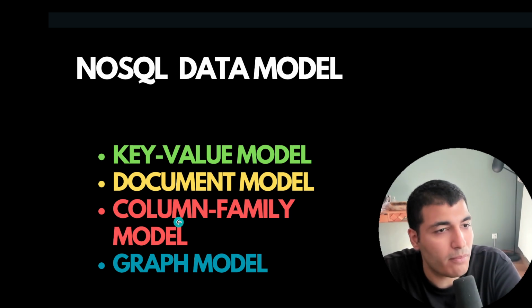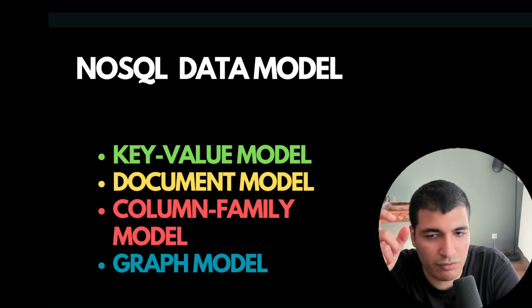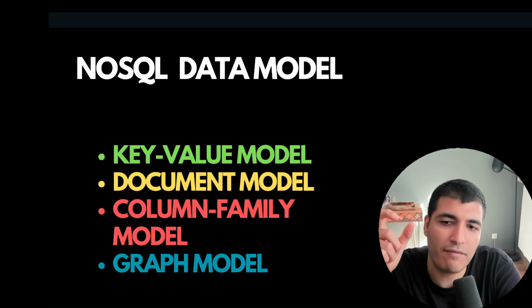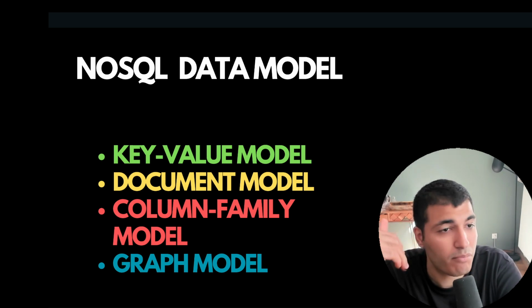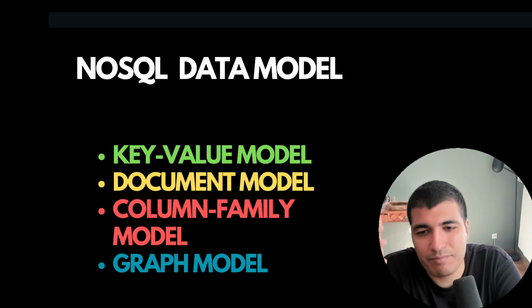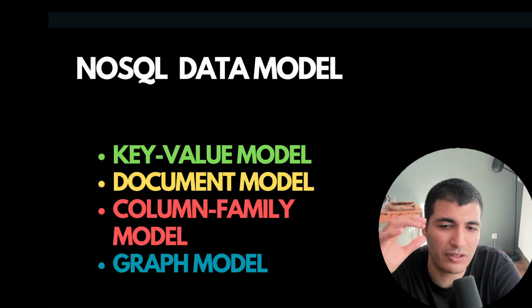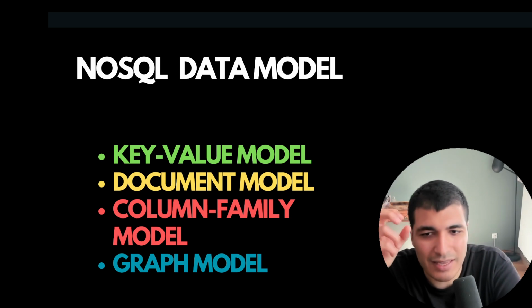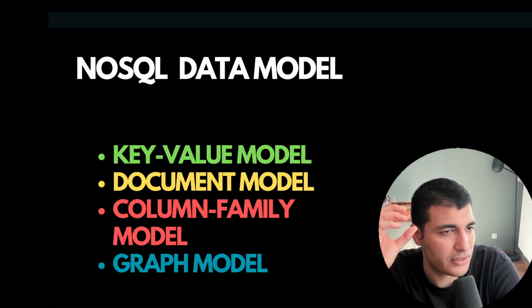Next, we have the column family model. Column family databases like Cassandra, for example, also have rows and columns, but unlike SQL, each row can have a variable number of columns. This model is designed for handling massive amounts of data spread across many machines and is optimized for fast querying on large datasets.